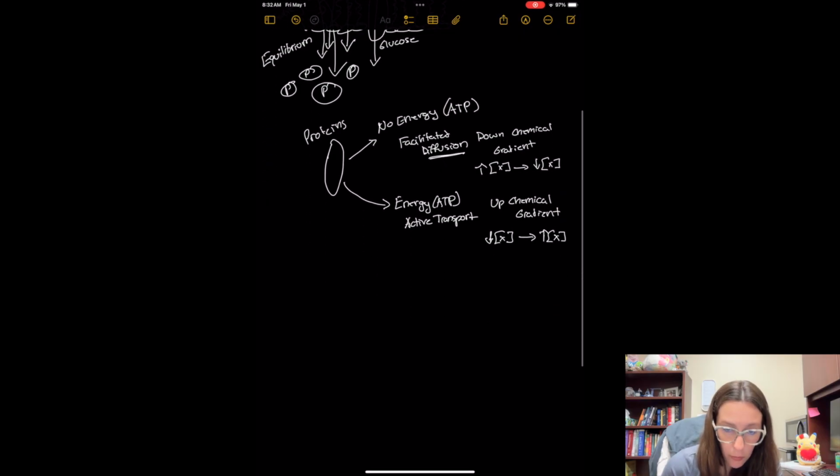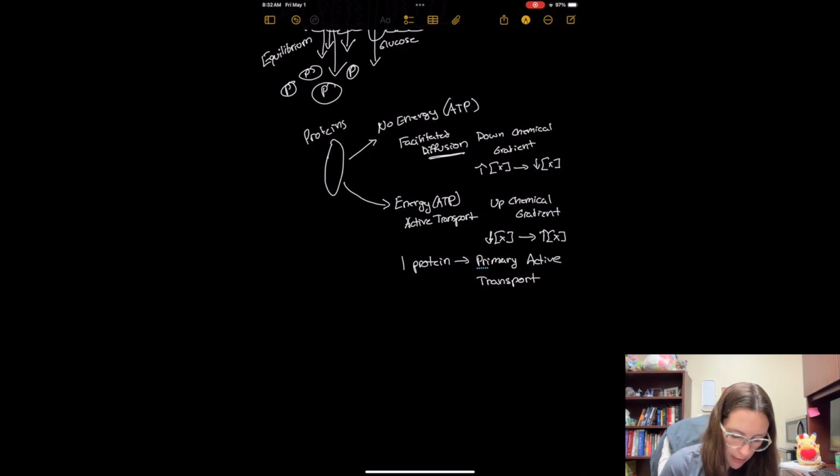So the normal one, where we're just using one protein and just going up that gradient, is called primary active transport. There is another one where we use two different proteins. We refer to that as secondary active transport.